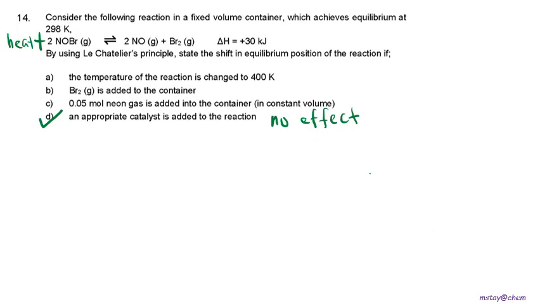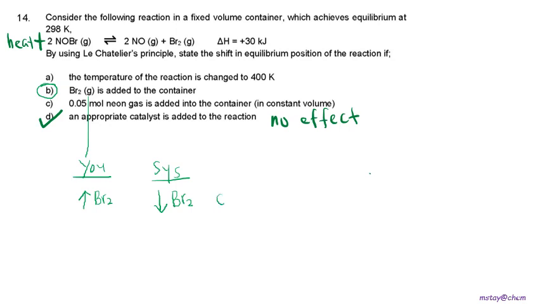Now continue with tutorial question B, which is related to the concentration. If bromine gas is added to the container, it means you increase the concentration of Br2 and the system opposes it to reduce the concentration of Br2.